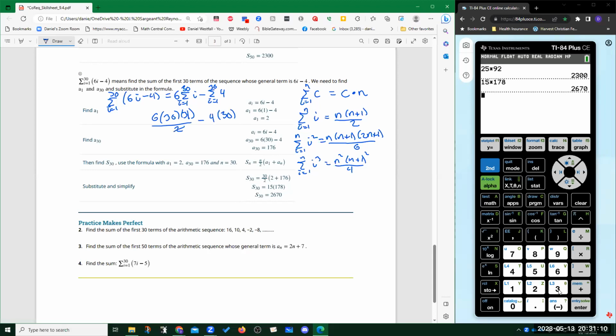This is going to be 3 times 30 times 31 minus 120.